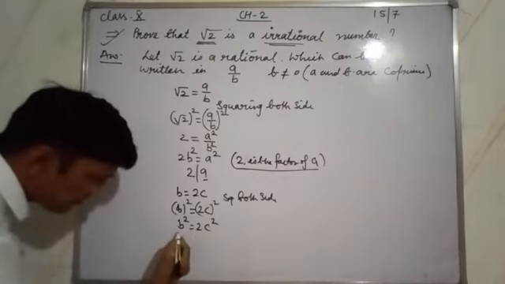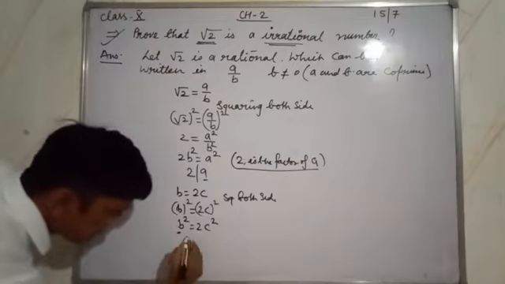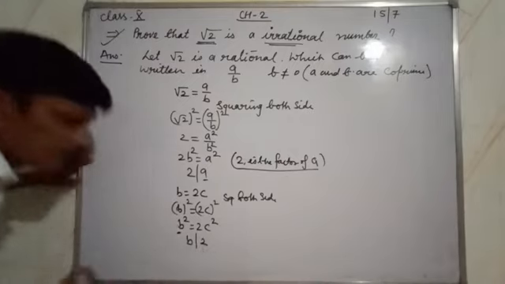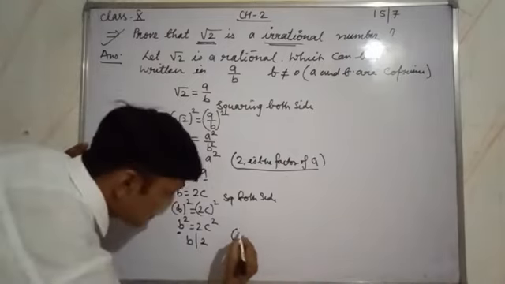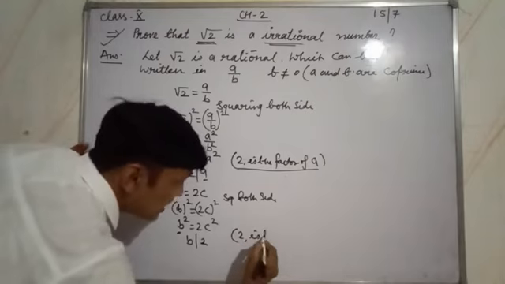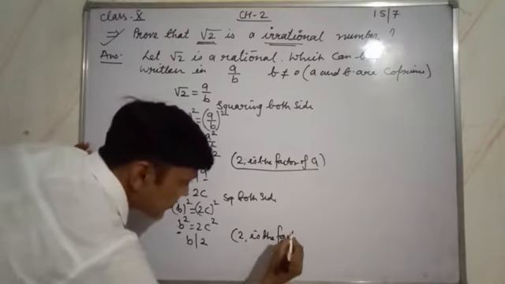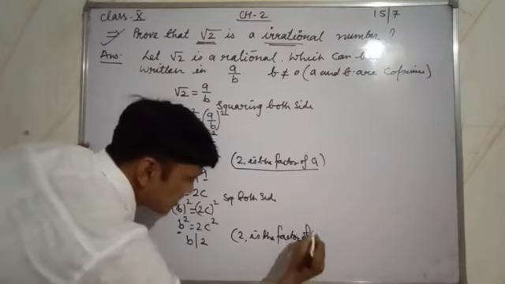Here b is also divisible by 2, which means 2 is also a factor of b.